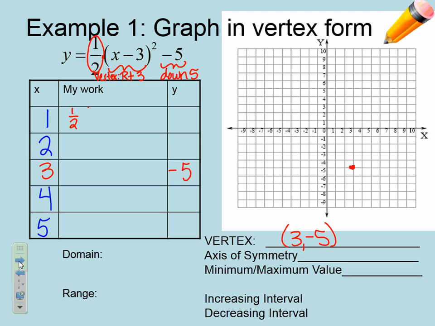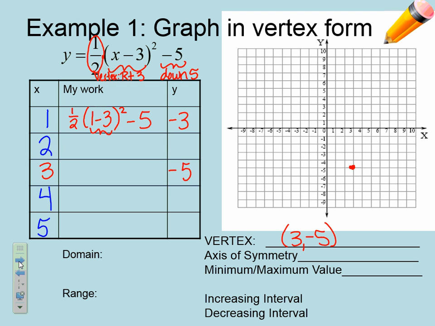So 1/2 times (1 minus 3) squared minus 5. If I plug in the 1, go ahead and type all this in the calculator. If you do it in your head, make sure that you start in here with the parentheses. PEMDAS: parentheses, exponents, then multiplying, then adding or subtracting. So this becomes negative 2 squared is 4, times 1/2 is 2, minus 5 is negative 3.